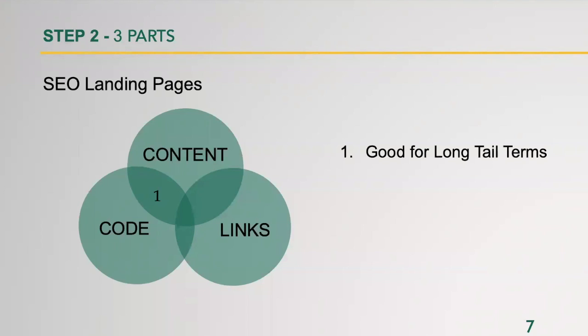Content and code, if you just did those two things, so you know the term that you're looking for, and if it's decent content and it's coded correctly, that's really great for long tail terms, which is where we do a lot of work. Long tail, if you're familiar with that concept, is as opposed to, so CRM for insurance would probably not be a long tail term.